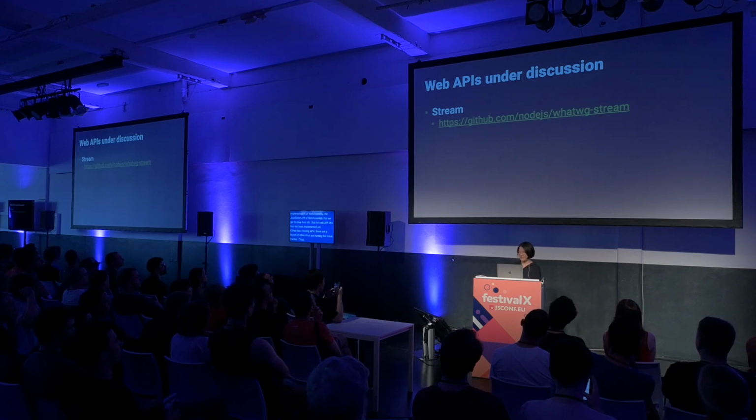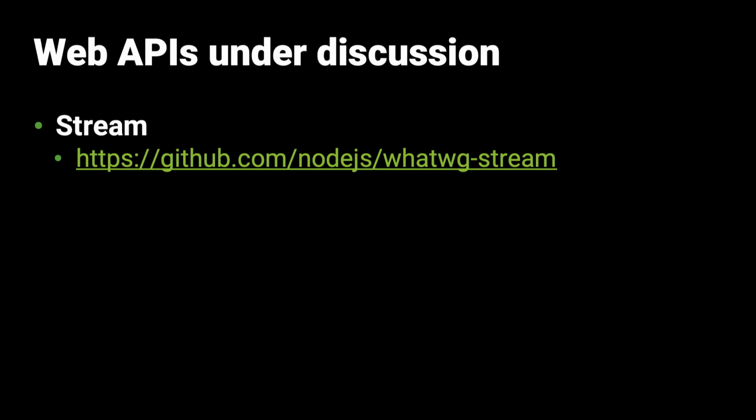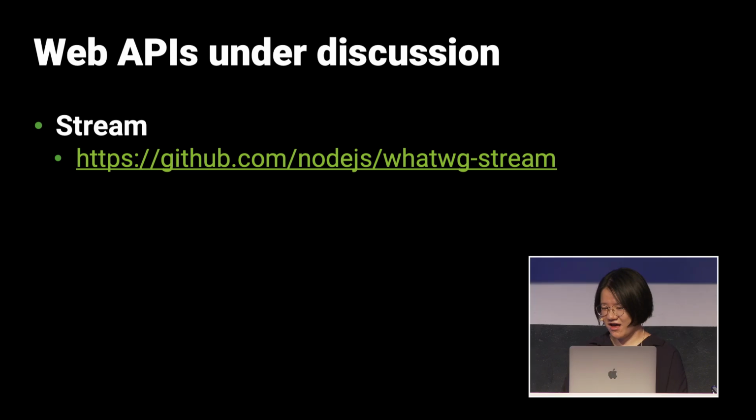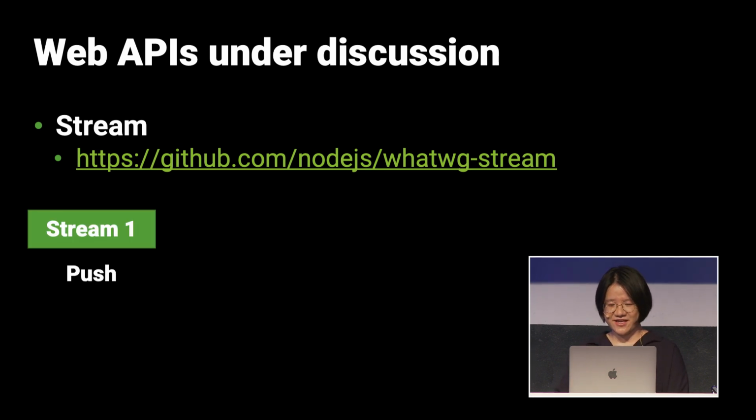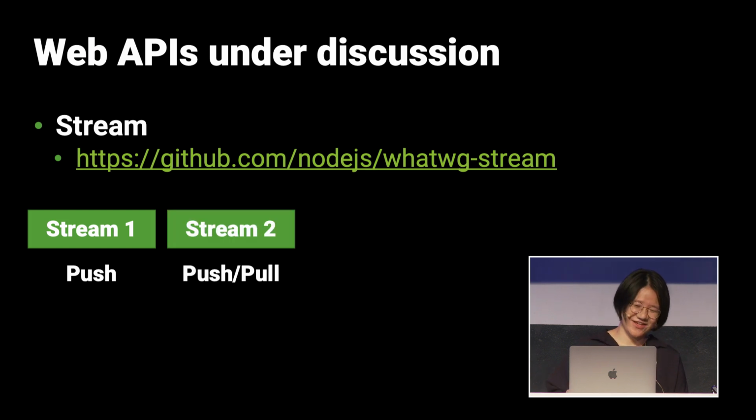There are web strings, which are the foundation of many web specifications. But then we already have Node strings in core, which are also the foundation of many existing Node core APIs. In case you didn't know, there are many different types of strings in Node. There's string number 1, which has several issues.